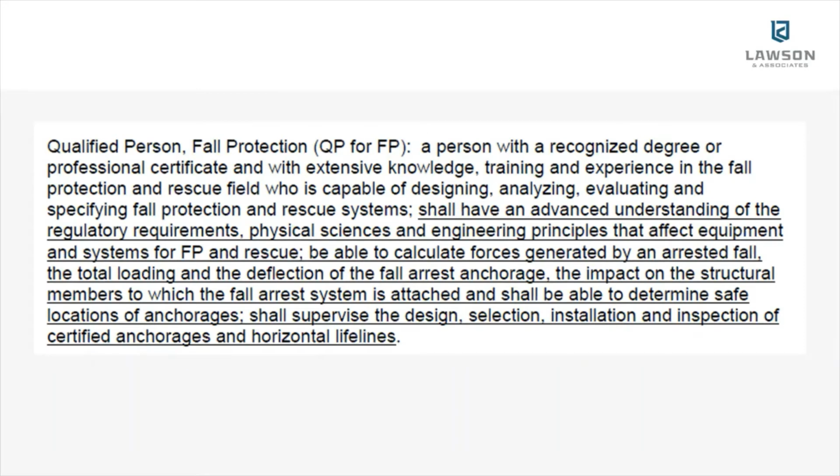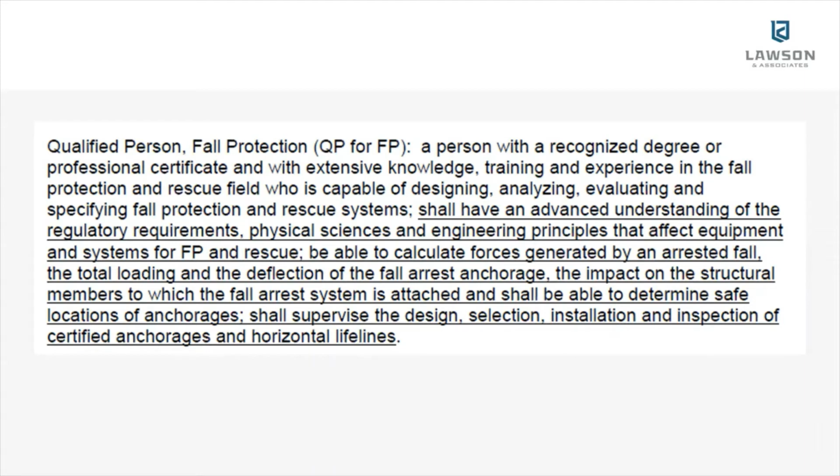And it says they shall have, so remember, this is a person we're saying who has to design horizontal lifelines, right? They shall have an advanced understanding of the regulatory requirements, physical sciences, and engineering principles that affect these systems for fall protection and rescue. They should be able to calculate forces generated by an arrested fall, the total loading and deflection of the fall arrest anchorage, and the impact on the structural members to which the fall arrest system is attached.